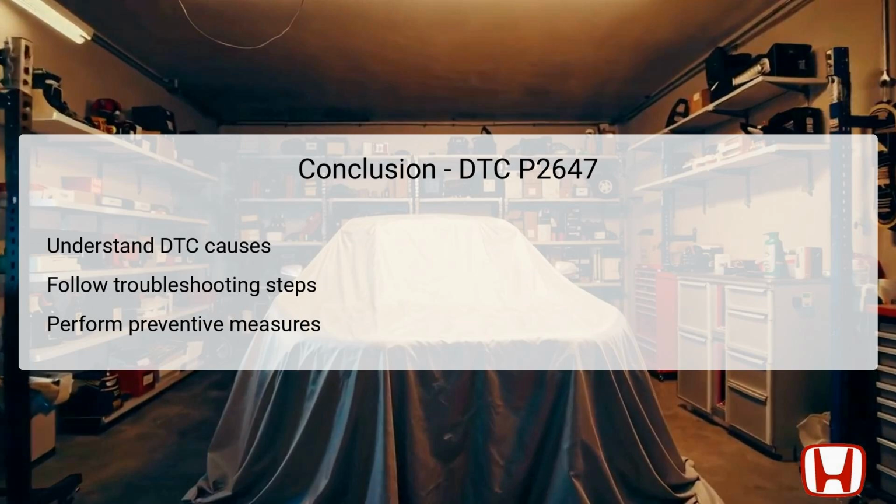Understanding the various causes, such as low engine oil levels, a malfunctioning EOP sensor, or faulty rocker arm oil control valves, is critical for effective troubleshooting. Following systematic steps to check oil levels, clear DTCs, conduct VTEC tests, and assess oil pressure readings allow technicians to isolate the root cause of the DTC reliably.